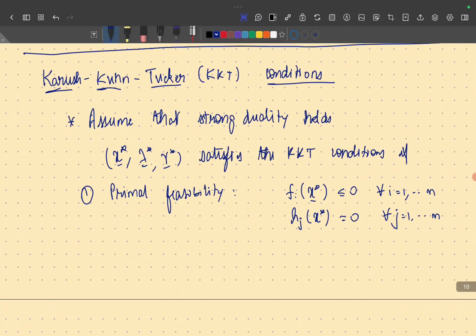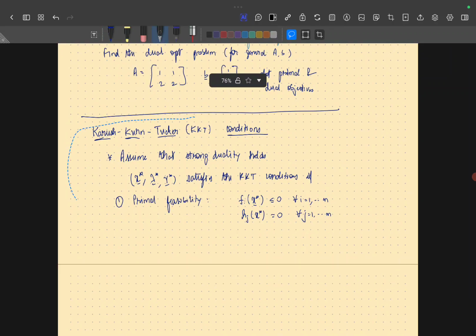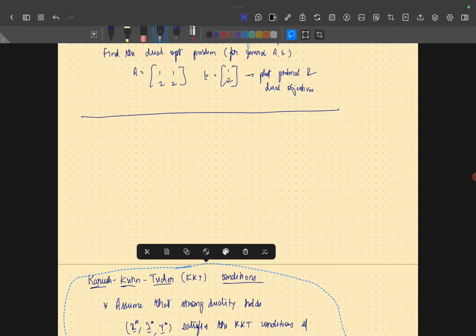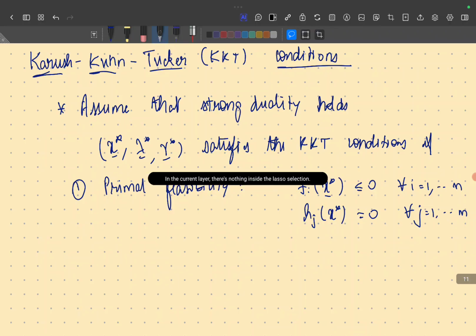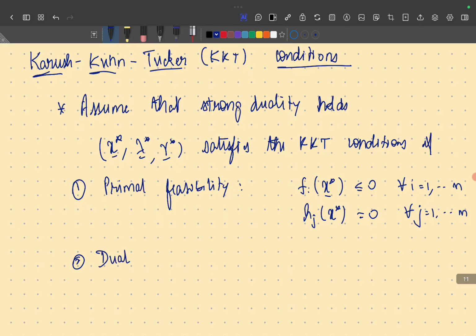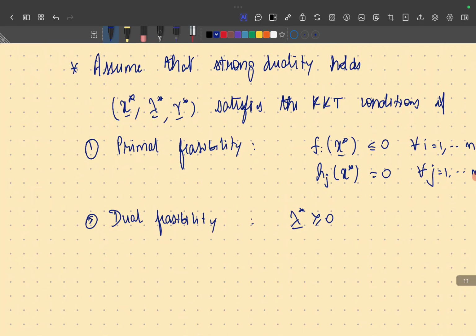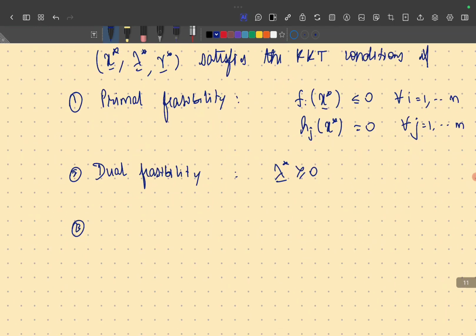It should satisfy dual feasibility, which is just that lambda star should be component-wise greater than or equal to 0. Right, the third requirement is that it satisfies stationarity.